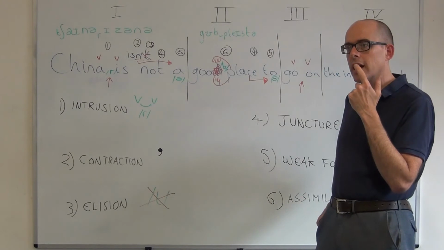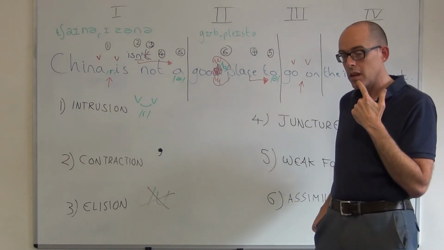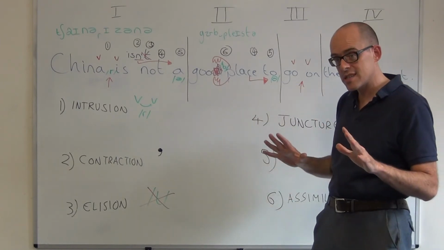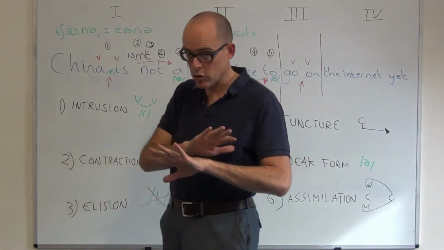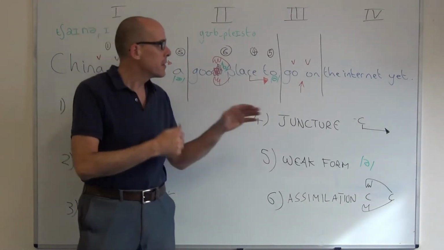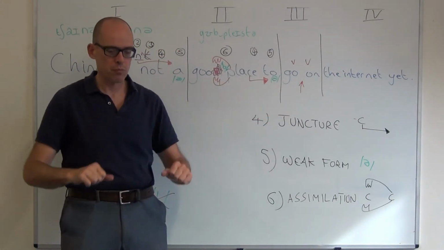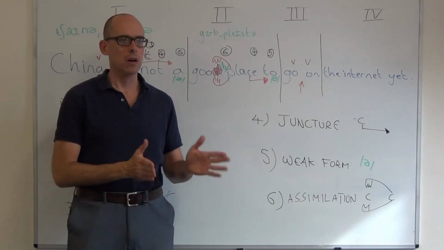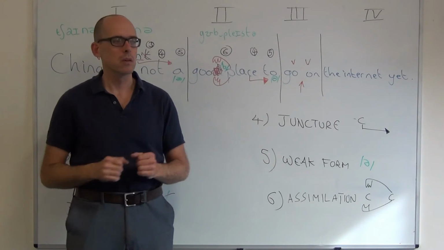Listen and watch my mouth and try to understand what the sound is. First, I'll do it the wrong way, with no connection, separate. Are you ready? So, this is the wrong way, like a robot. Go on. Go on.